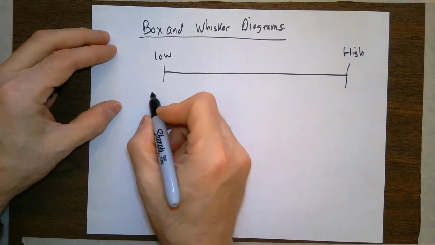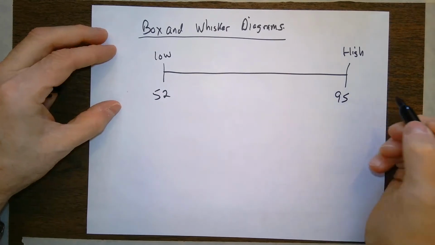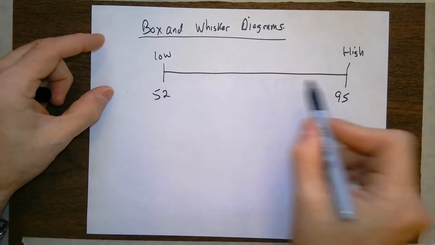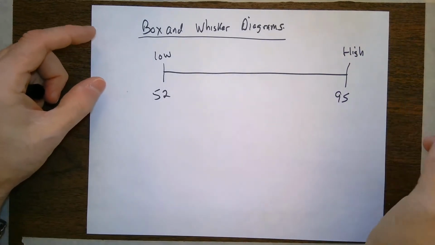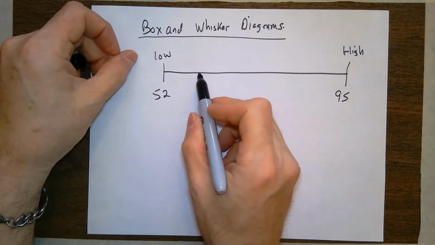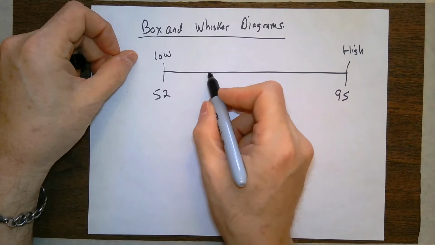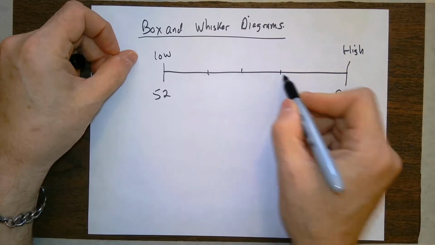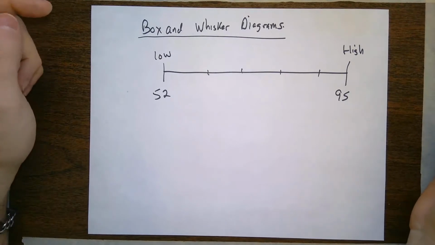Let's say the lowest test grade was a 52 and the highest was a 95. So we need to evenly distribute things here: 52, 62, 72, 82, 92. It all has to be even.